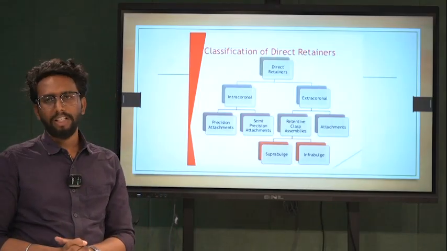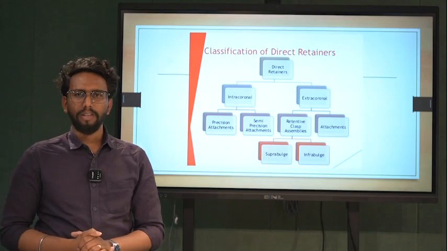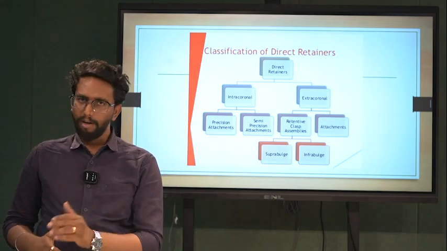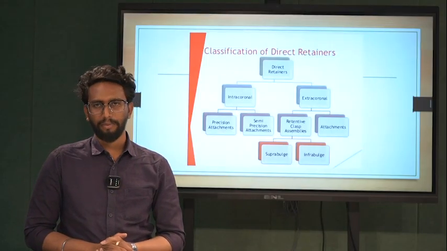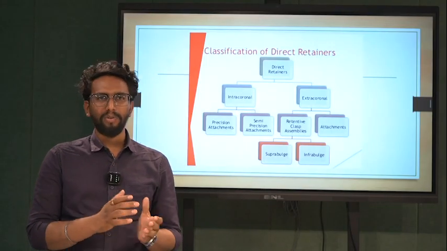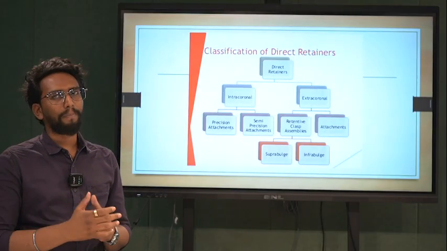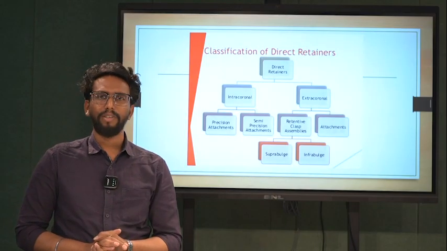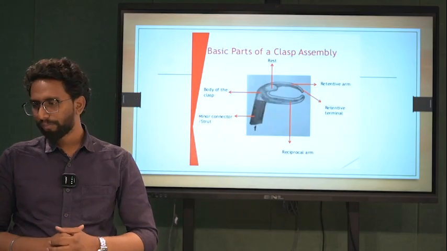This retentive clasp assembly is further divided into two types: one is the suprabulge and another is the infrabulge. In the previous slide, you have seen this infrabulge clasp. The approach arm minor connector connects the infrabulge clasp to the major connector. So this is the infrabulge clasp, which is a direct retainer for the prosthesis.